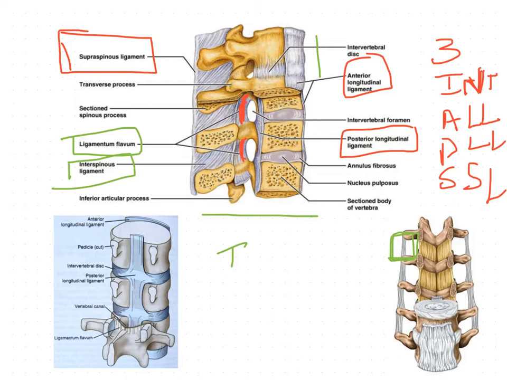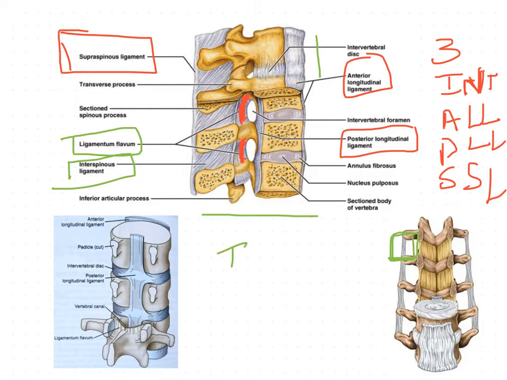It is present in between two adjacent vertebrae on the posterior aspect of the vertebral canal, the laminae part. It connects the laminae of one vertebra to the laminae of the other vertebra, so there is no continuation of this ligament.